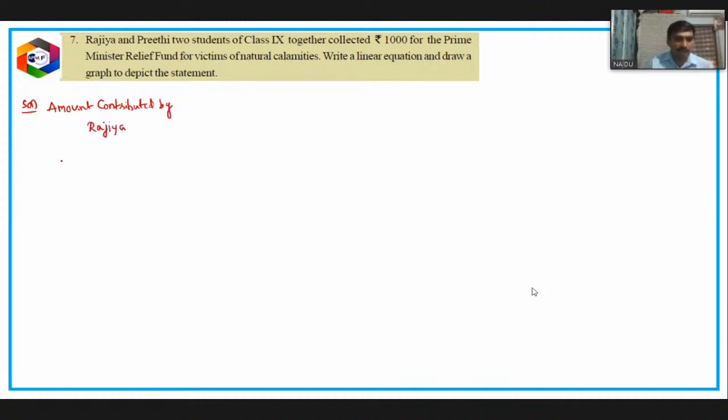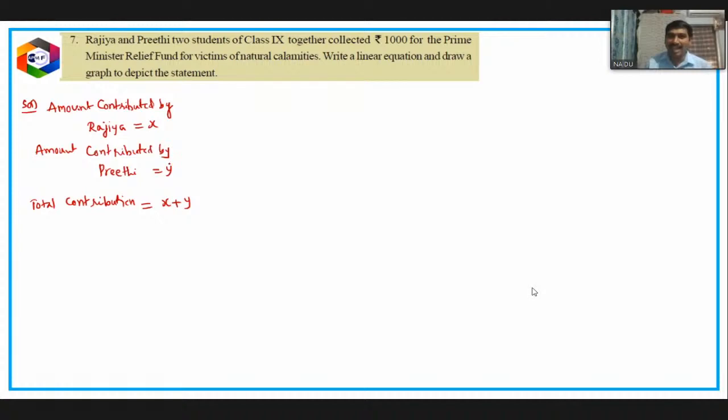So the amount contributed by another student, Preeti, is equal to Y. Only 2 students, and those 2 students together contributed. Total contribution is X plus Y, because she contributed X and she contributed Y together.